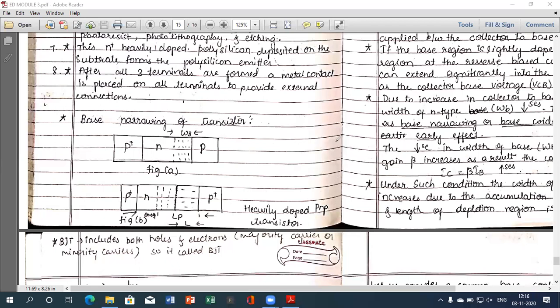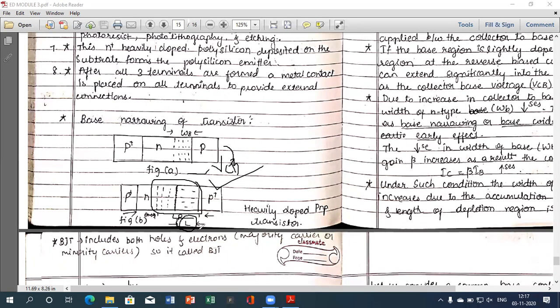Now if the collector current increases, that is shown in figure B here. Look at figure B. This part of this PNP transistor is the total width of the depletion layer, which is accumulated towards the N type, where L is the width of the depletion layer that occurred due to the accumulation of immovable ions when the voltage between collector and base is increased, which is nothing but reverse bias here.